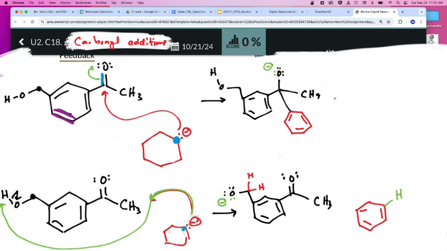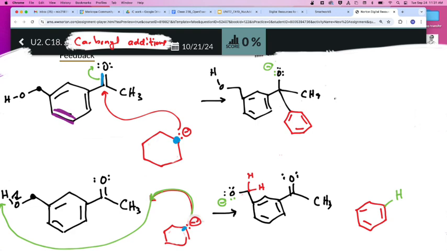Grignard reagents are highly, highly unstable, and are required to be solvent stabilized. So they form very large macro structures is probably a better description of them. They aren't crystal structures, but they're larger structures where the solvent has kind of inserted itself into that system to help stabilize that negative carbon.